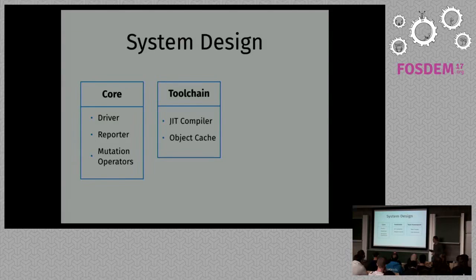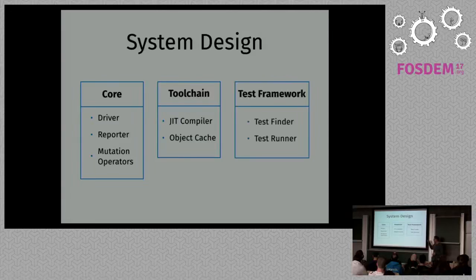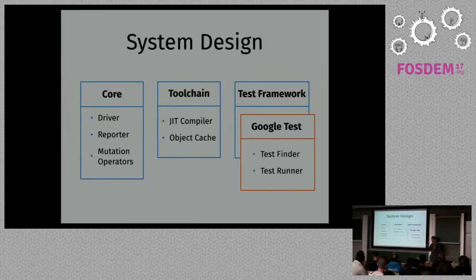Yeah, in my opinion the most important piece is the test framework. This is the one thing that is abstract now, because it can be Google Test, for example, if you want to run the tool against C++, then we have a driver and all this infrastructure for Google Test.